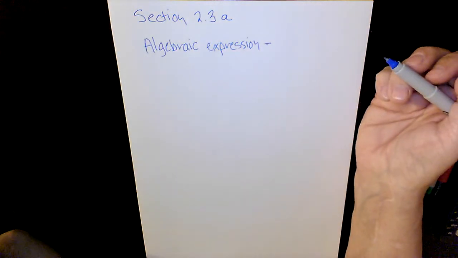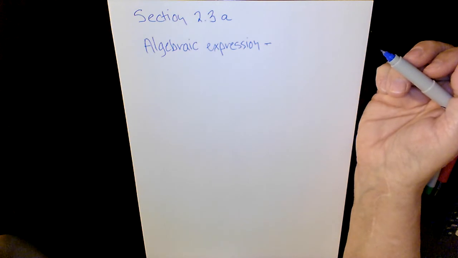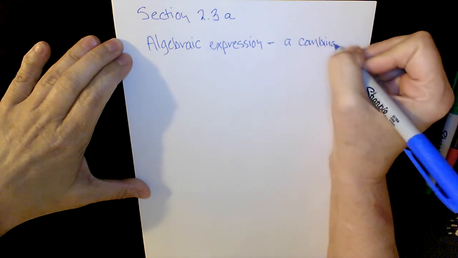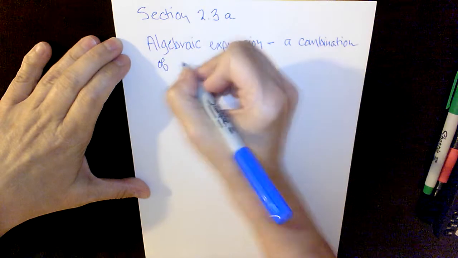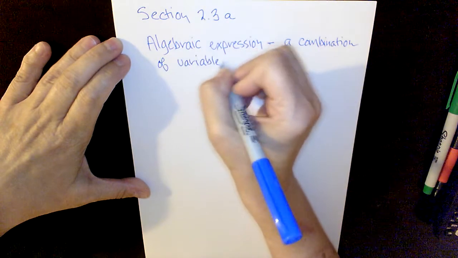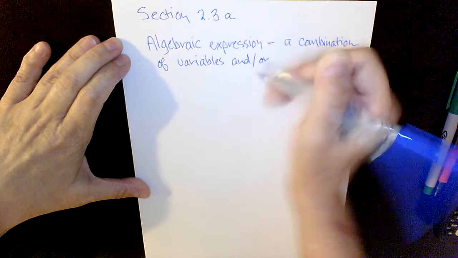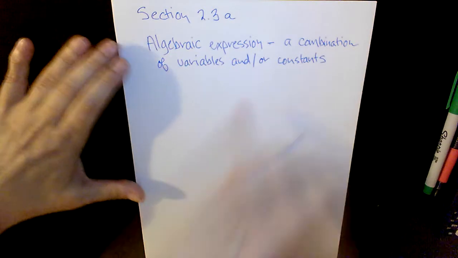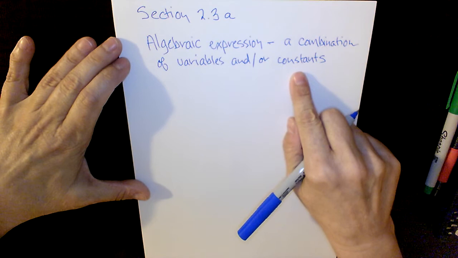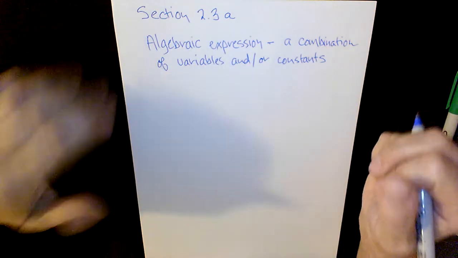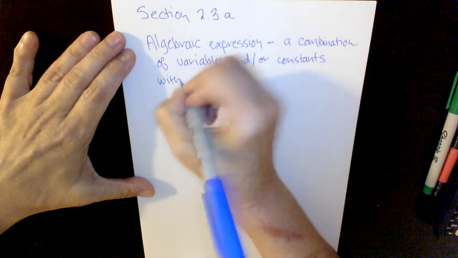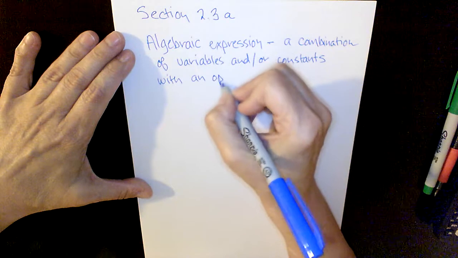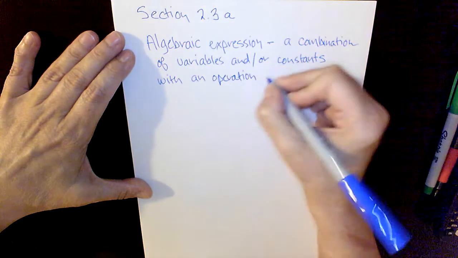Okay, so an algebraic, you know it's got something to do with algebra. An algebraic expression is a combo or a combination of variables, and we know what variables are. Those are the letters, and or constants, those are the numbers. So a combo of those two with an operation.